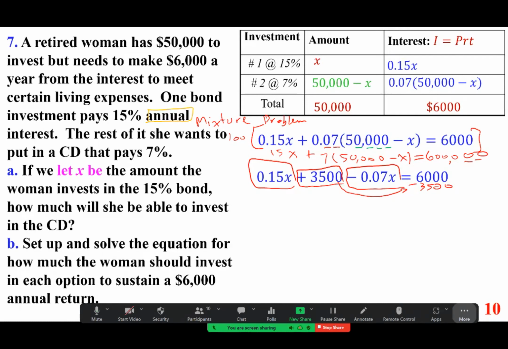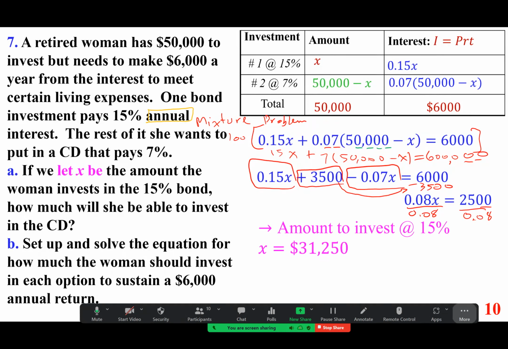Subtract 3,500 from 6,000 gives us 2,500. Divide by 0.08 and it gives us $31,250.